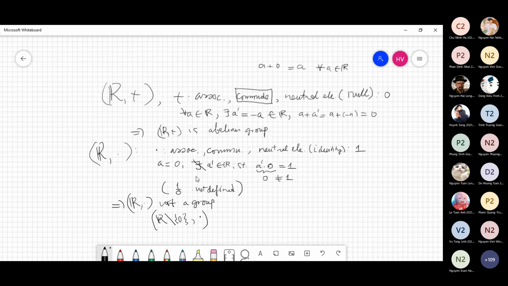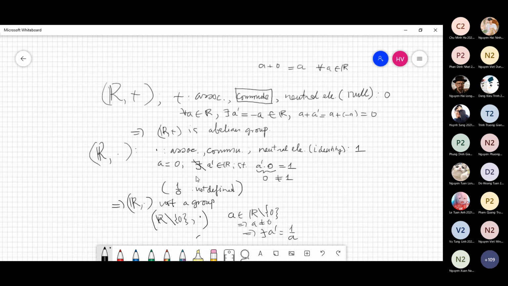Then immediately this situation doesn't occur anymore, because every member of this set is not 0. So whenever a is in R subtract 0, then a is not 0, and therefore there exists a prime, which is simply 1 over a.